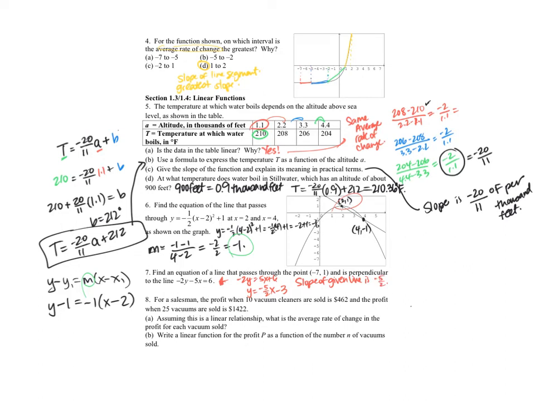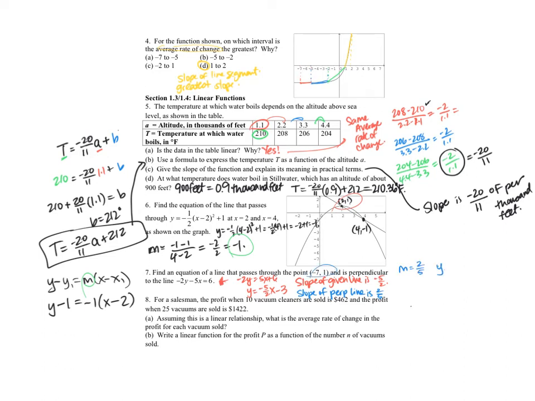So what that means is the slope of my perpendicular line is going to be the negative reciprocal of that. So it's going to be 2/5. So that's the slope I want to use. M equals 2/5.